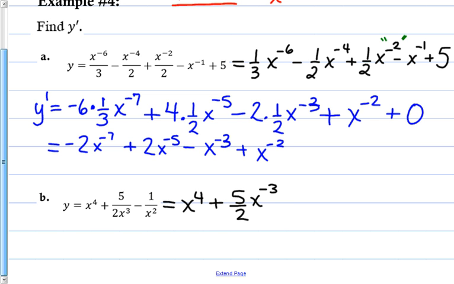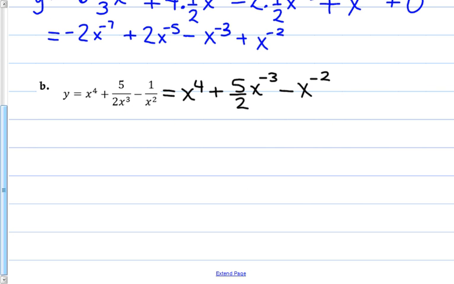So minus, and then 1 over x squared just becomes x to the negative 2. All right, so that's my function rewritten. So now I get to derive. y prime, 4x cubed plus, so I'm bringing the negative 3 to the front. So negative 3 times 5/2 x, and then I have to subtract 1.